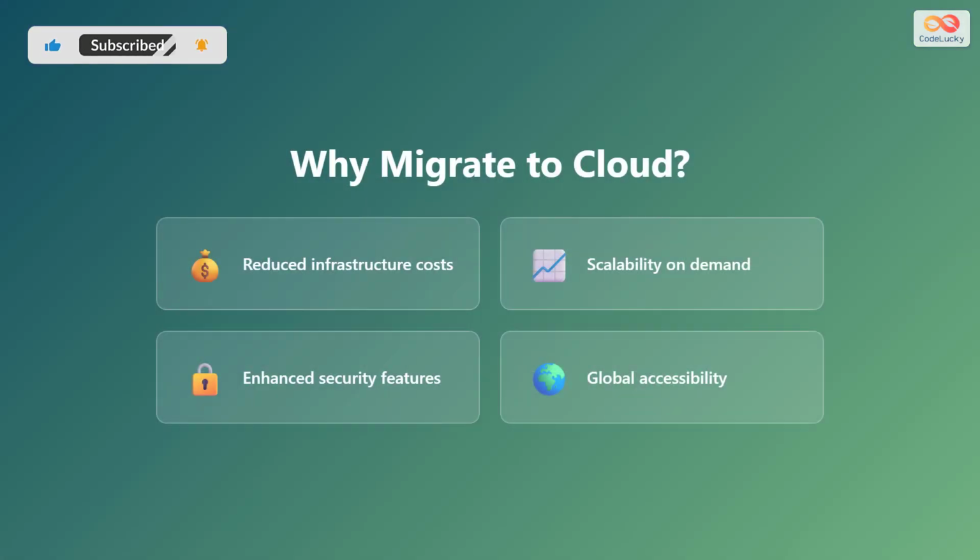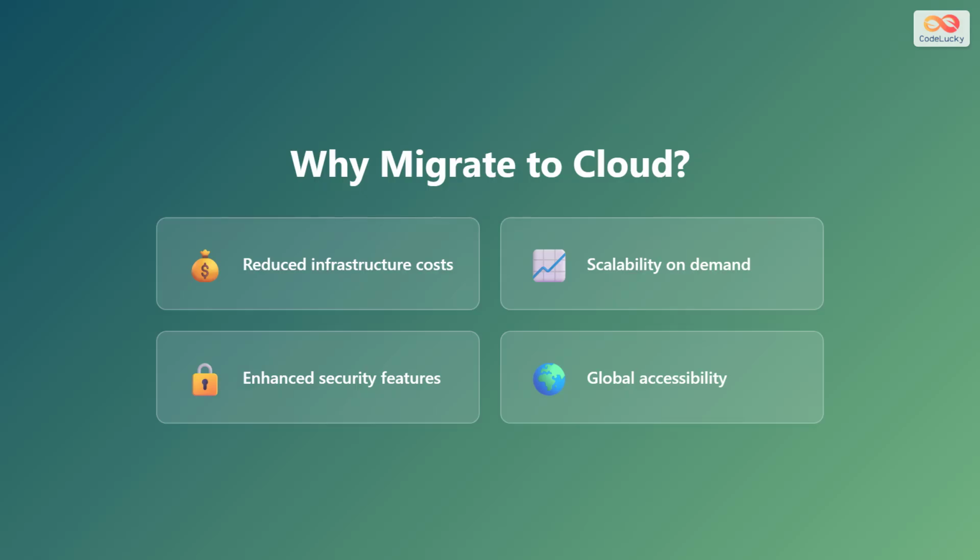Organizations migrate to the cloud for several compelling reasons. First, there are reduced infrastructure costs. Instead of maintaining expensive physical servers and hardware, you pay only for what you use in the cloud. Second, scalability on demand allows you to easily increase or decrease your database capacity based on your current needs without purchasing new equipment.